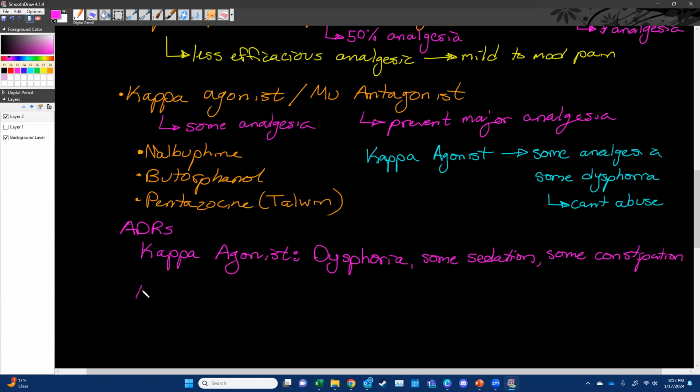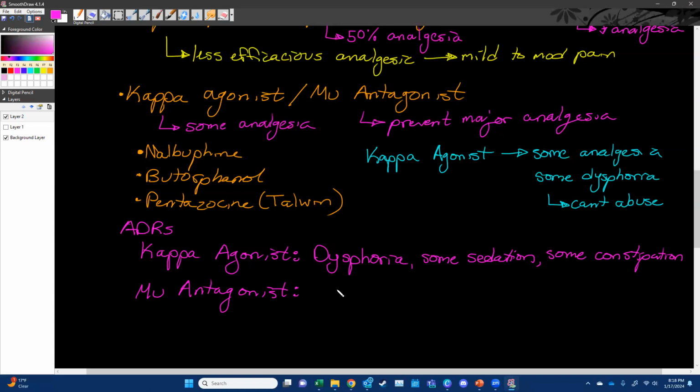In terms of being a mu antagonist, remember, it's not accurate to just take the complete opposite of an effect, right? So if mu receptor normally causes euphoria, just because you're an antagonist doesn't mean that you're going to cause dysphoria. It's just blocking the euphoric effect if you were to take it.